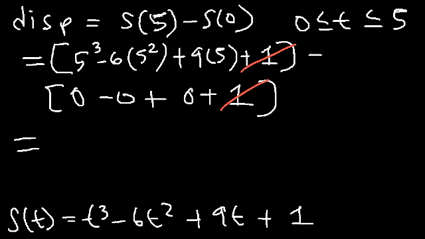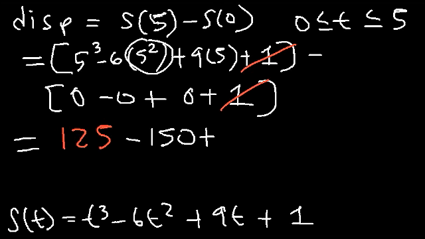5 to the third is 125. 5 squared, that's 5 times 5, which is 25, times 6. 6 quarters, that's basically $1.50, so 6 times 25 is 150. 9 times 5 is 45. And then 125 minus 150, that's negative 25, plus 45.